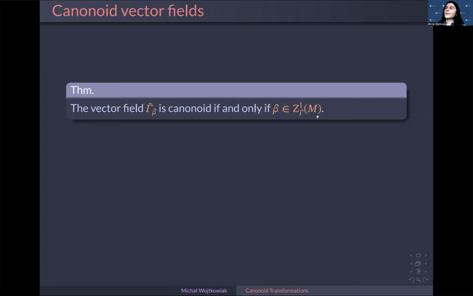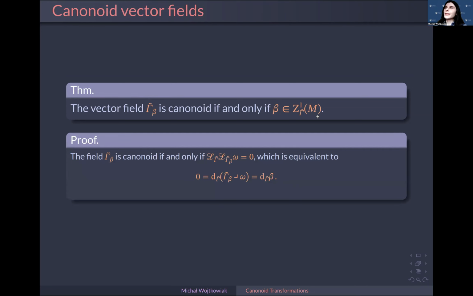It generates canonoid transformations. And again, a very simple proof just by using the definition of boundary operators. We get that. This is the theorem from before that said the vector field is canonoid when this Lie derivative is zero.